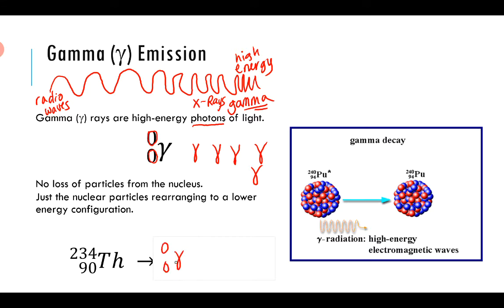So there's my gamma, and I have to write a balanced nuclear equation for this process. Since my mass number doesn't change, these will have to add up to 234. So 234. These have to add up to 90, so that's still 90. And so the identity of the element doesn't change in this nuclear process.